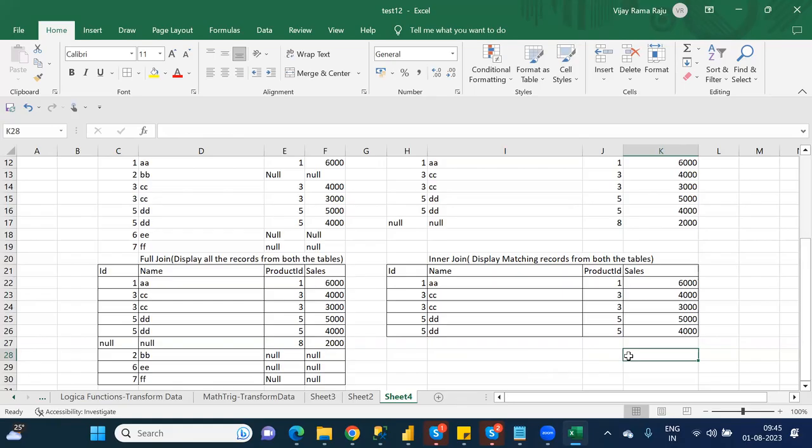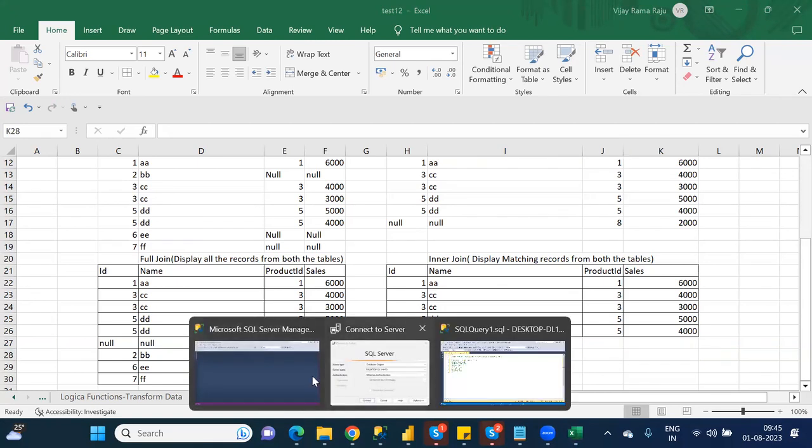Joining a table by itself. That means if you want to use the same table name and apply a join, we can call it a self join. I will show you there itself. So this is how all the types of joins work. Now we need to implement the same thing here itself.